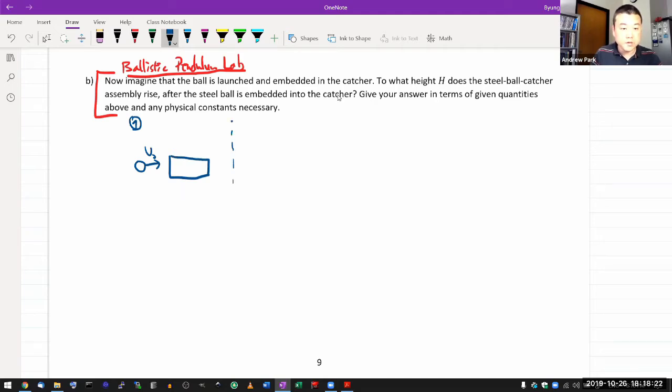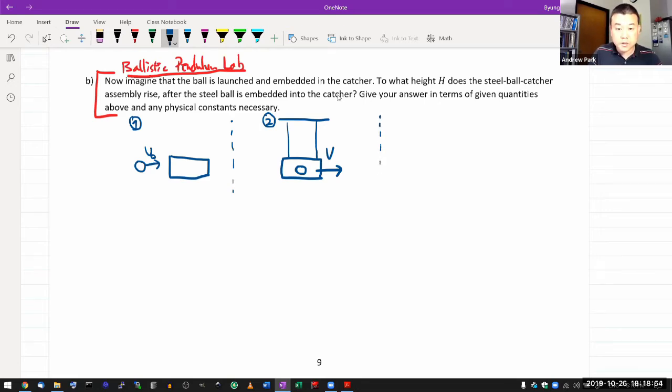And then there's the snapshot 2, which is the snapshot taken when the collision has taken place, and now the ball is embedded into the catcher, and they're both moving together at, let me call that speed, I guess just v. They're moving together at speed v, and the catcher is still hanging from the ceiling or the holder.